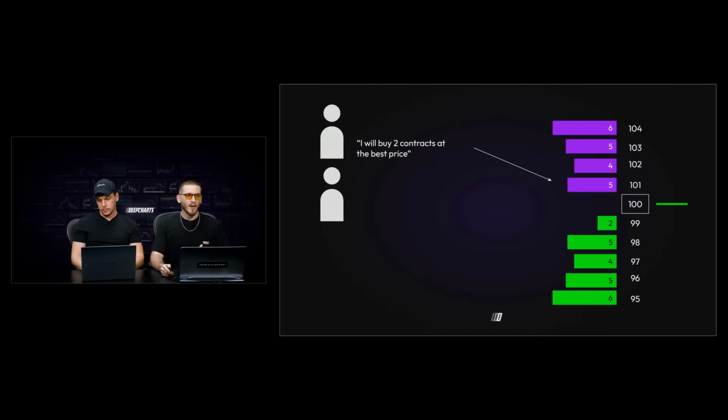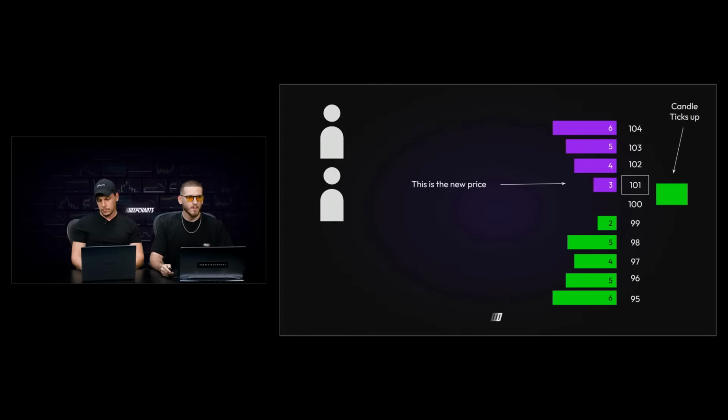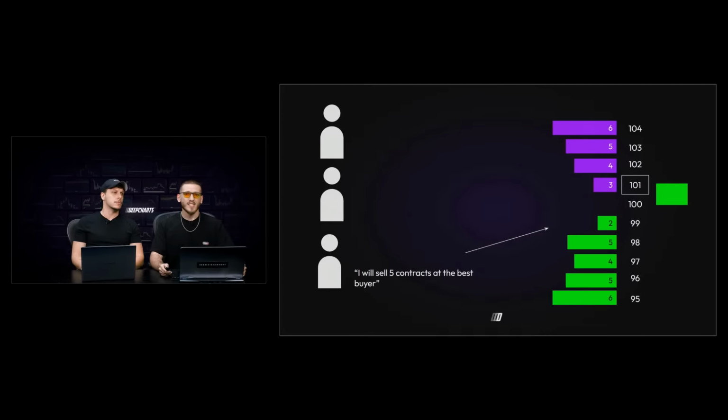Another one comes, say, I will buy 2 contracts at the best price. Where is the best price where there's at least a sell offer? That one. So he takes 2 of those contracts, they are matched, and that becomes the new price, and the candle ticks up. A seller comes now, an aggressive seller, a market taker, and says, I will sell 5 contracts at the best buyer.